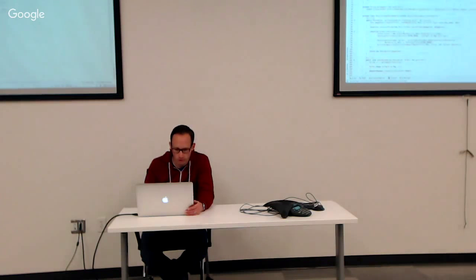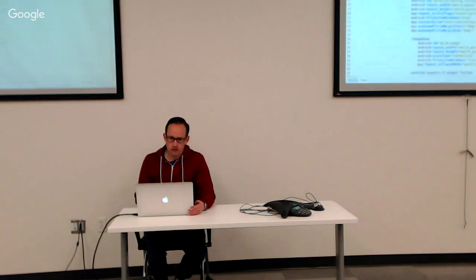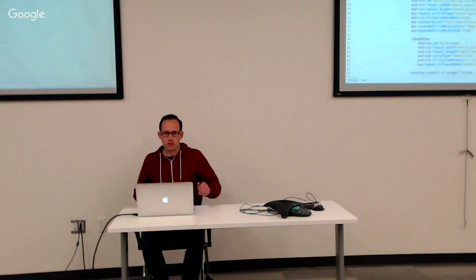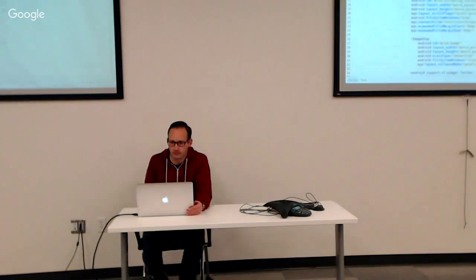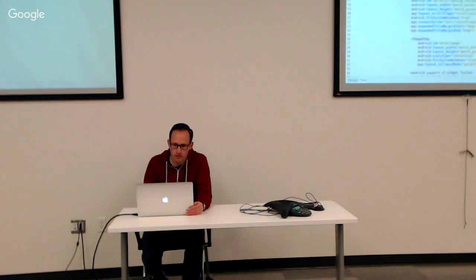Okay. Well, let's take a look at this. So we've got the whole thing wrapped in this coordinator layout. Not much to that. The app bar layout is a specific one having to do with the things that you're going to do with your toolbar at the top.